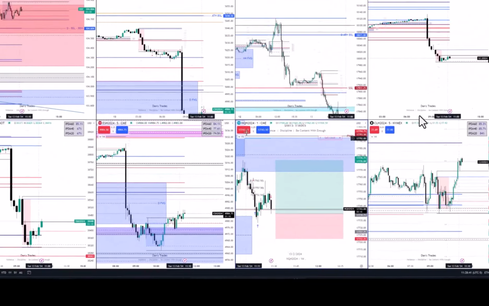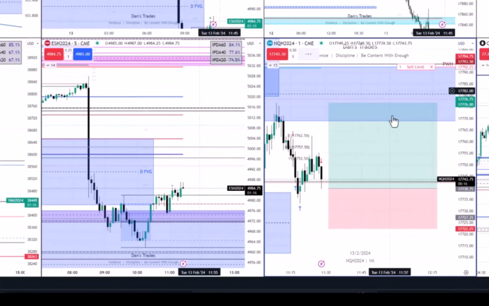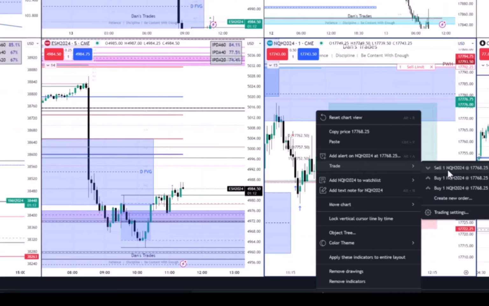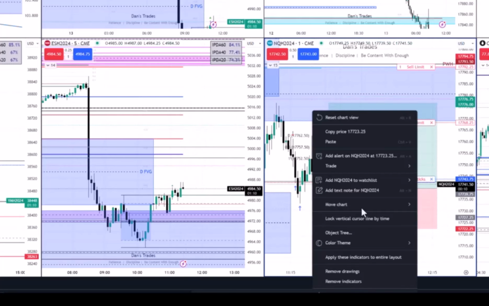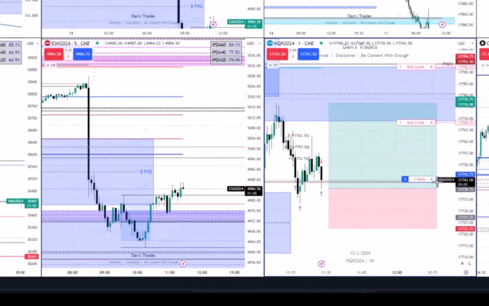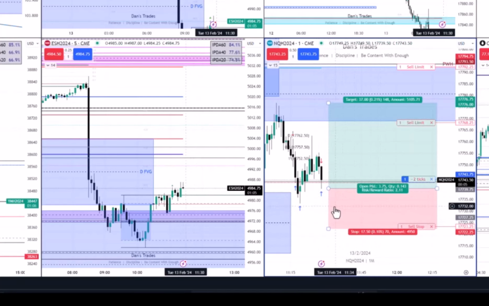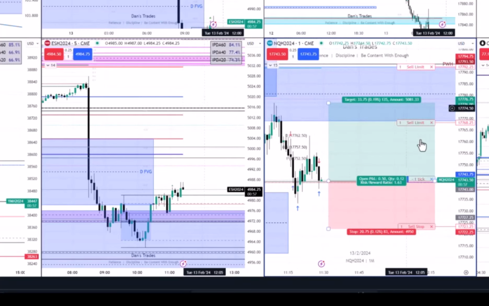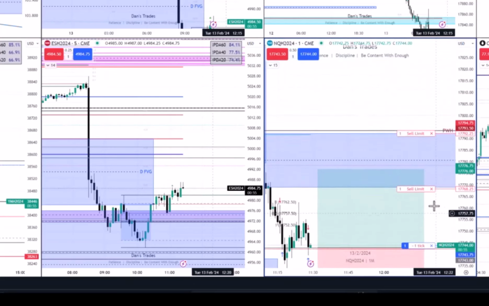And I'm looking at that previous gap that's being respected. So I jump back in with 1 contract. I'm trying to get in one more, look at those volume imbalances. I just know that price wants to fill those inefficiencies and then run.